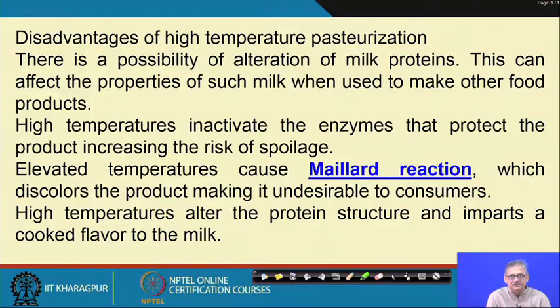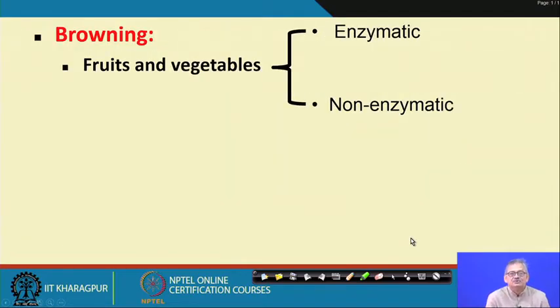If you remember, we had said there are, in general, two types: one is enzymatic and another is non-enzymatic. So, that browning, we divide into two types. This is true for all foods, whether solid or liquid.